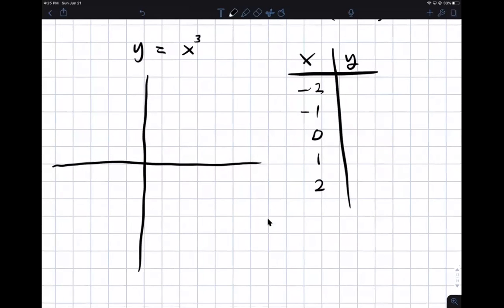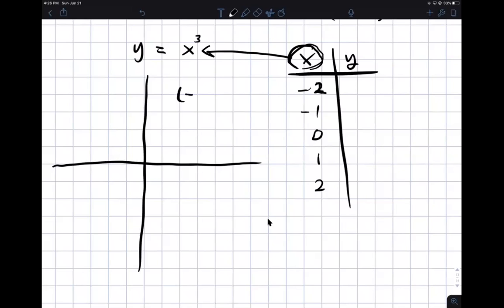We're plugging in x into this. Does that make more sense? Yes. All right, so there would be 3, so it'd be -6.